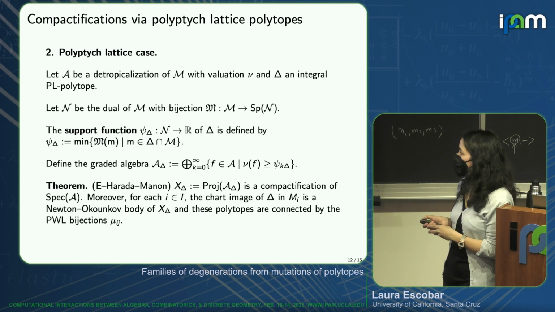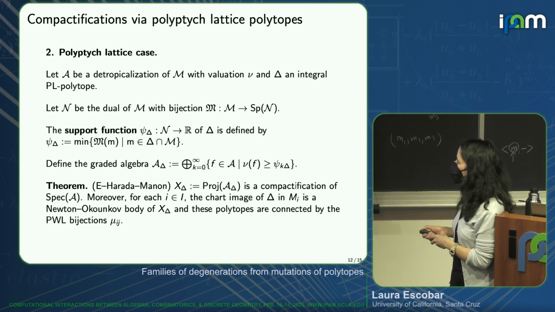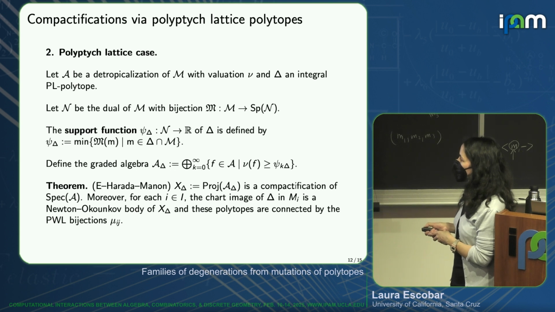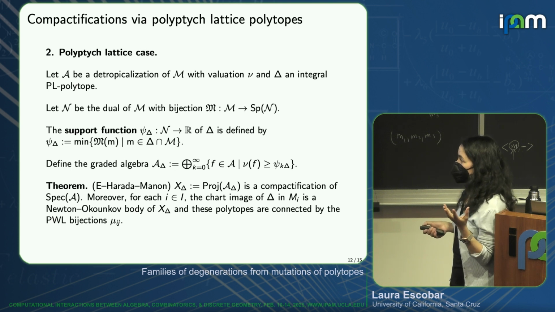For the toric world, we had that the toric variety of a polytope is going to be a compactification of a torus. And for each chart image of your polytope, you have a Newton-Okounkov body of this.